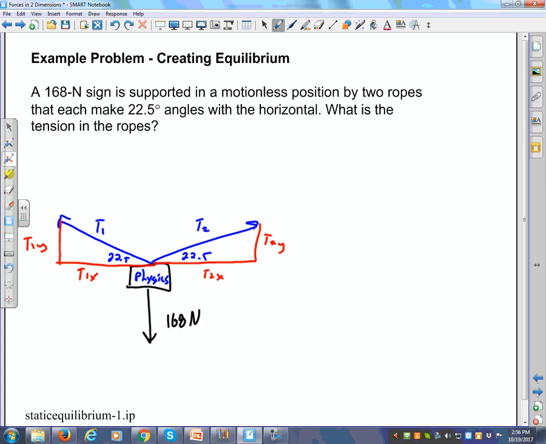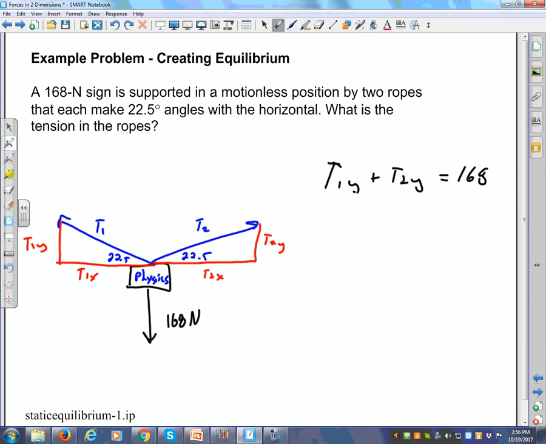T1x and T2x are acting opposite each other. T1y plus T2y is 168.